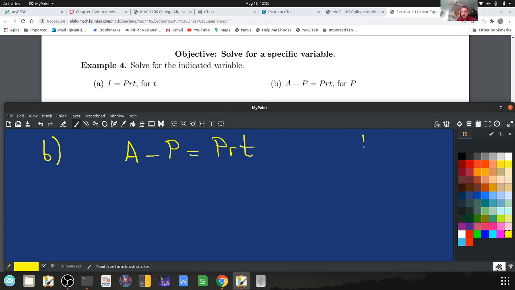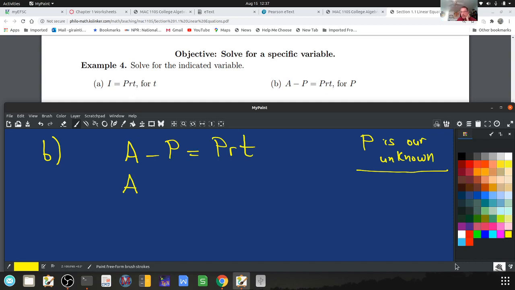Here we're going to solve for P as our unknown. There's a very good chance that this will be on the test. So what do you do? I'm solving for P. So P is my unknown, so I want all my unknowns on the same side.